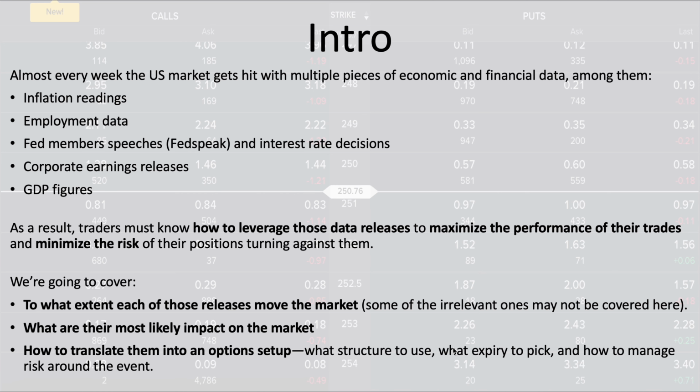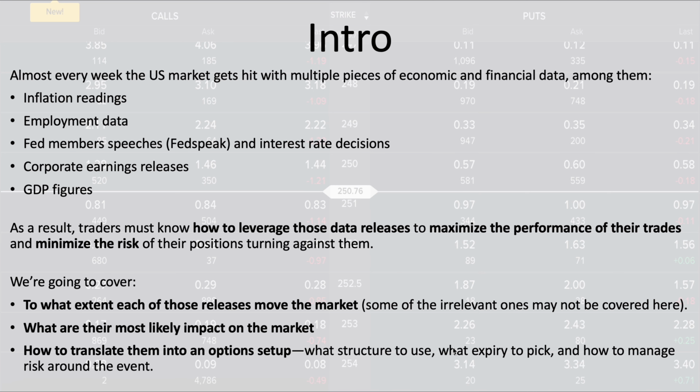And so this is about the data that is released into the market. We are going to go through mostly the most key data that is released into the market in the United States. This is about inflation, employment, Fed related releases and disclosures, also earnings releases by companies, and GDP figures, which are a little bit less important as we will see later.